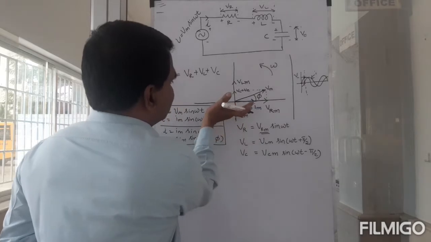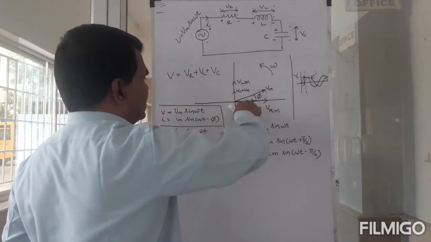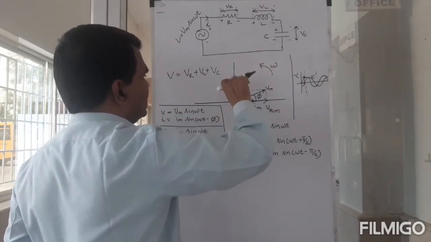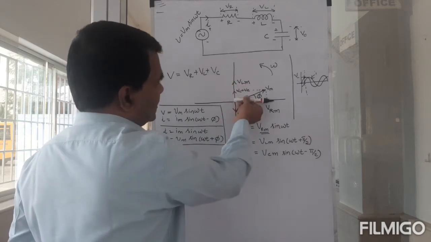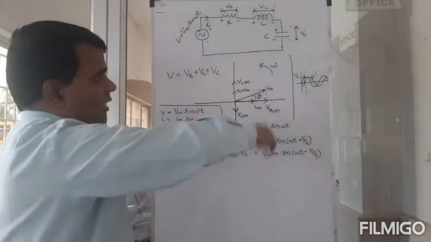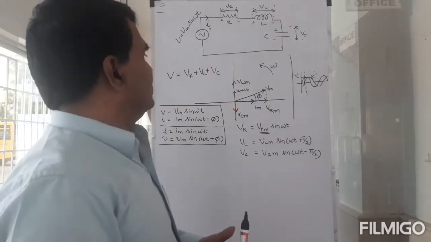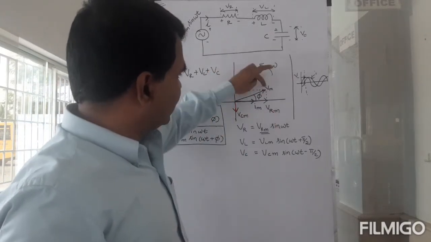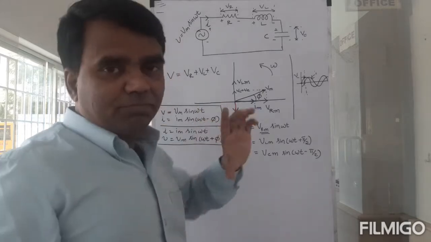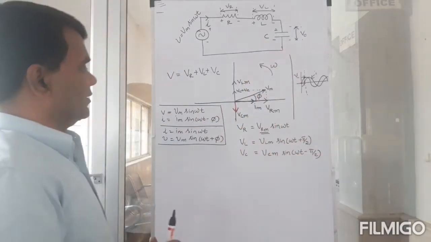So that as the radius, it's going to make a circle, and this as radius will make a circle, and this as radius will make a circle. So we will have all these rotating vectors, rotating vectors with these maxima, VLM, Vrm, Vm, and VCM. Okay, so this is what you will get here.